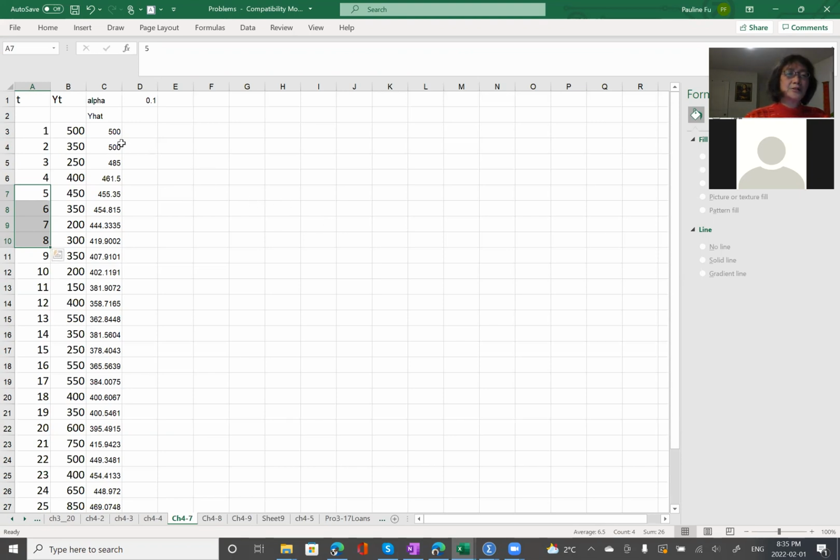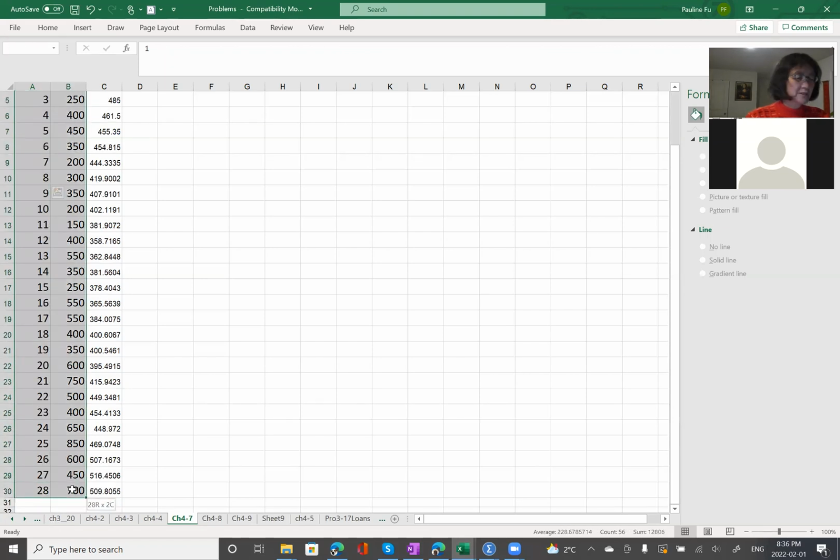To do that, you select the original data and the time.